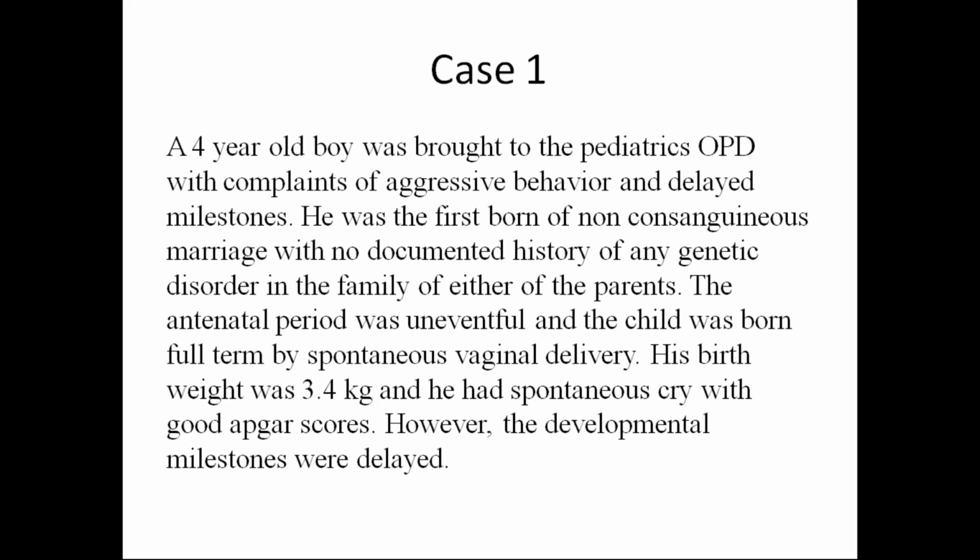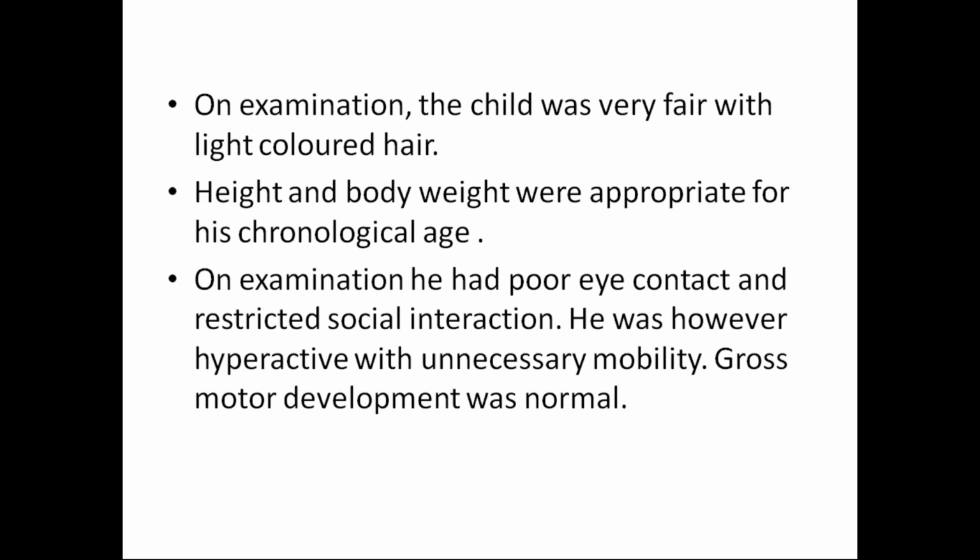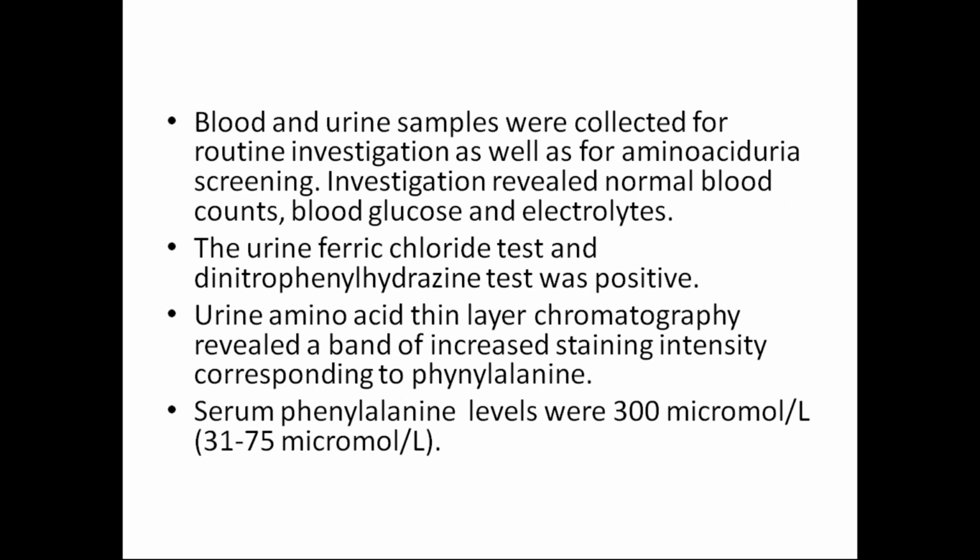Just a summarization of phenylketonuria. Most important, the history will be delayed milestones with aggressive behavior. On examination, you have to check hair color and skin color in order to see whether melanin is present or not. All the other routine investigations will be normal.